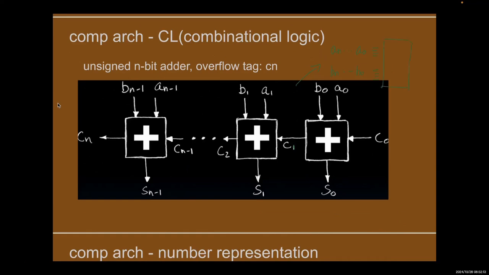This is the combinational logic. This is a black box, and we have an output, which is Sn to S0 and a Cn finally. This is always 0. So in this way, we can build an adder for n-bit numbers. Is that clear? Yeah.